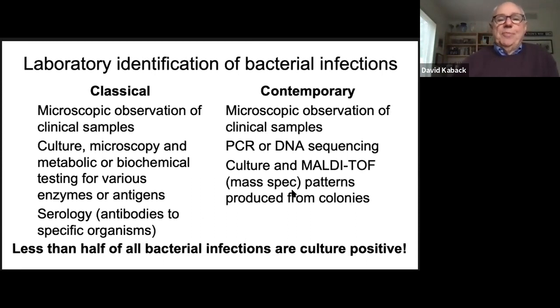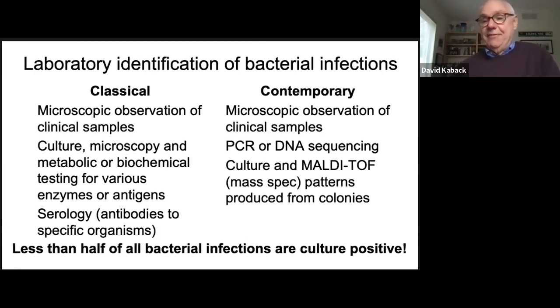The only problem with mass spec, and for that matter all of these things, is that less than half of all bacterial infections actually produce a culture that is meaningful on a petri dish. As I mentioned, virtually everything you sample will grow something, but whether you're growing the pathogen is another matter.